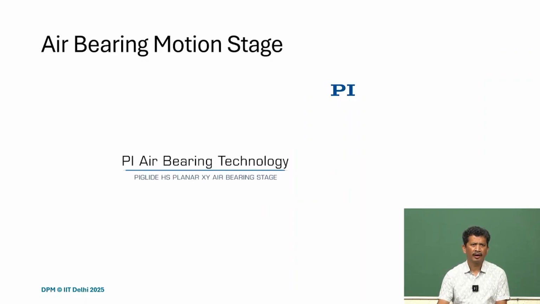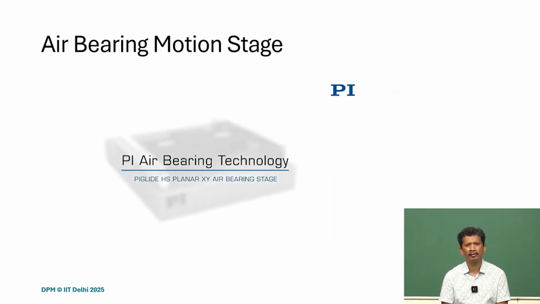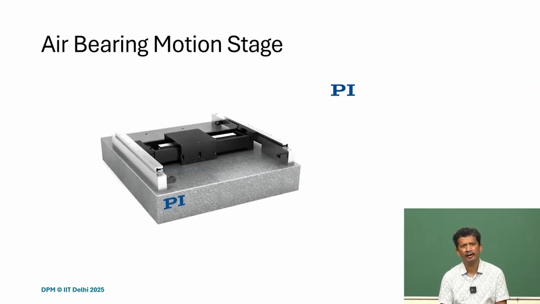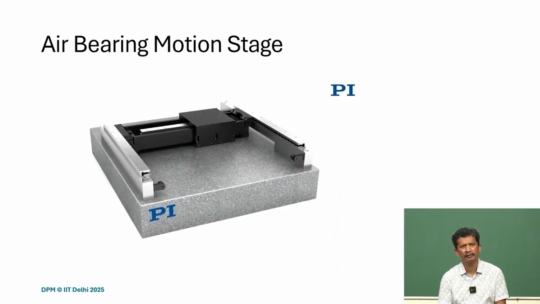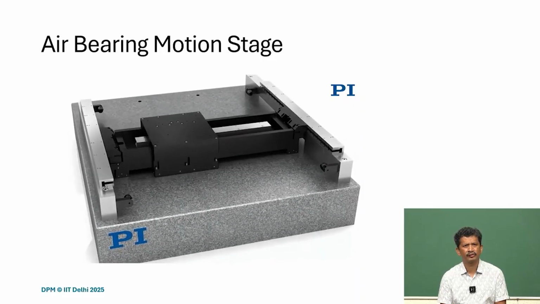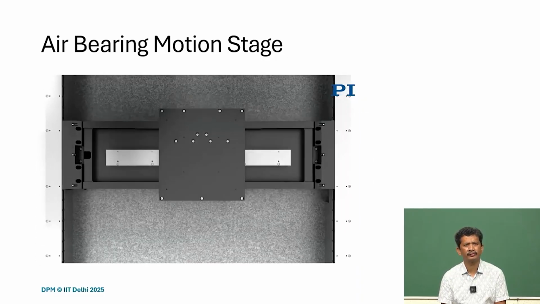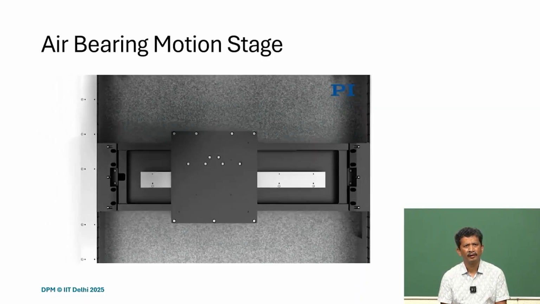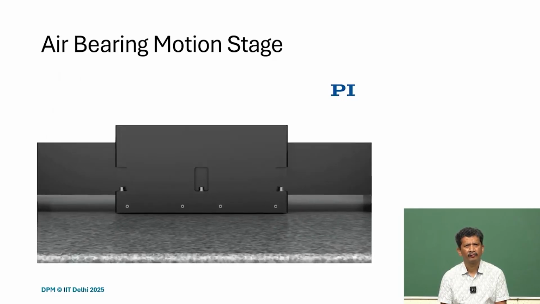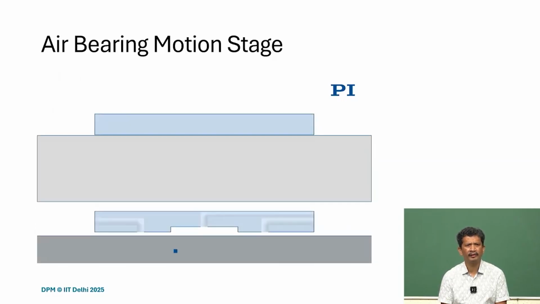That's why we are talking about air bearings these days, and we'll cover air bearing linear stages or motion stages. So it's a 2 axis stage, what you can see here, and there are air bearings embedded, and that's how it works.